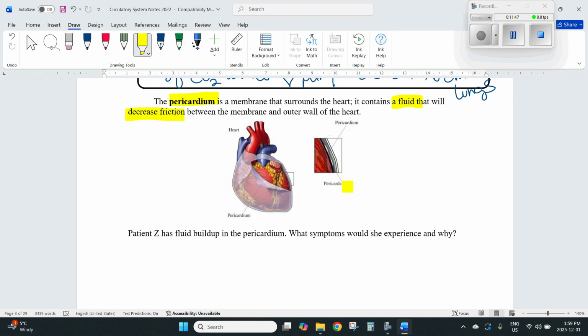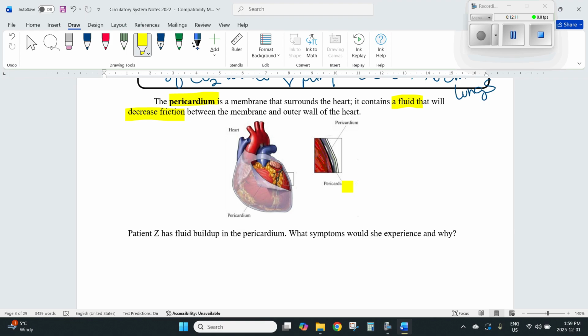So we have one example of a scenario. I always like to give scenarios when it comes to bio because it makes it more realistic. So it says patient Zayden has fluid buildup in the pericardium. So it is saying that you have your heart muscle. So take a fist, make a fist. That's your heart.